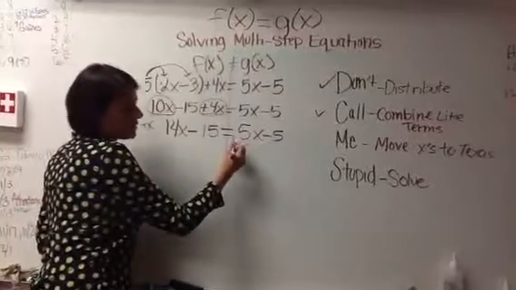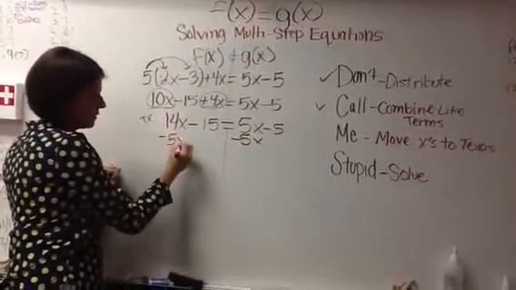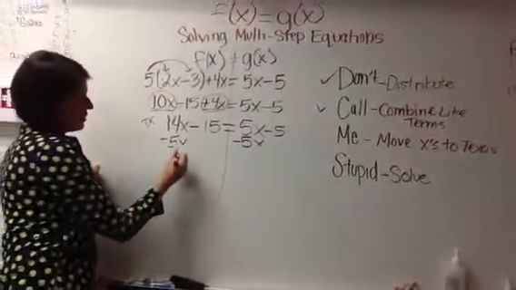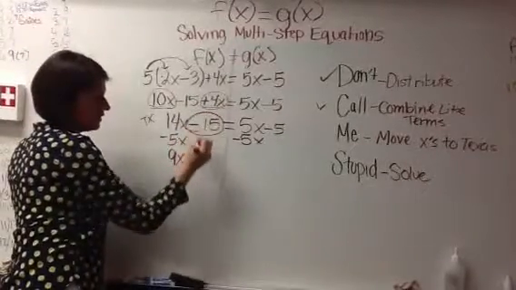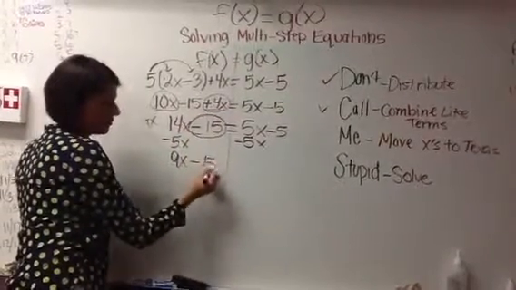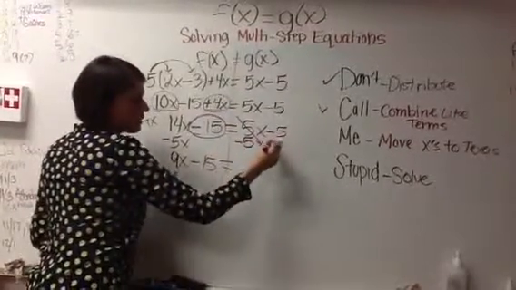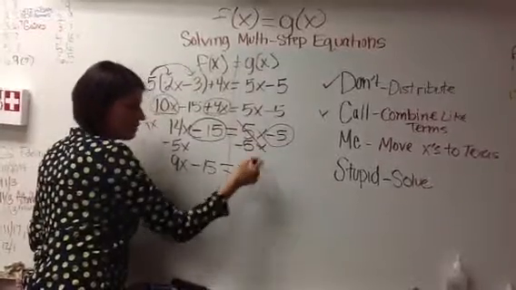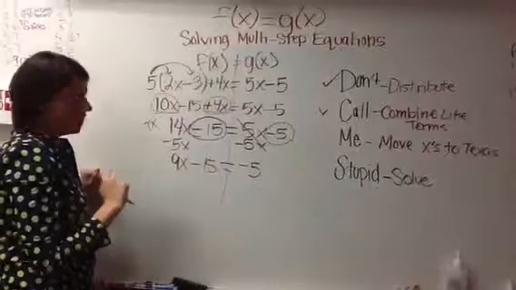I'm going to do that by subtracting 5x from both sides. 14x minus 5x is going to give me 9x. This minus 15 is going to come down. This is going to cancel. And this minus 5 becomes a negative 5. I've got to keep that with the 5. It's part of that 5.